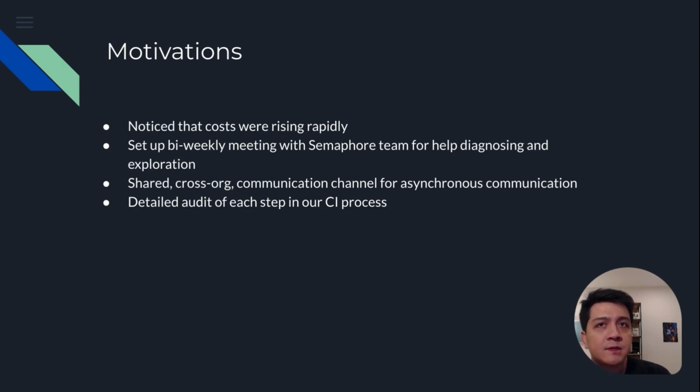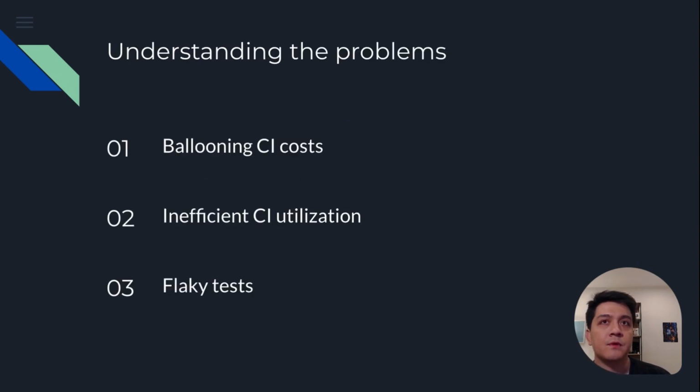And we also performed a detailed audit of each step in our CI process just to find problematic steps that are running too long, longer than expected, areas that we can optimize. So some of the key problems we identified throughout the initial stages of the optimization process were ballooning CI costs.